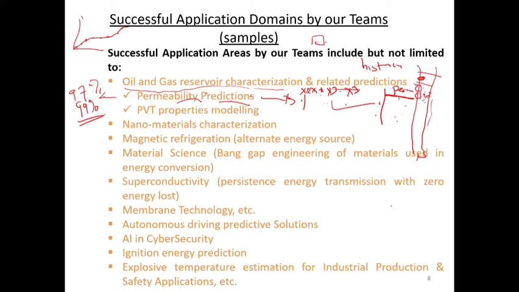After that, we also have what we call the PVT property modeling, also for oil and gas, where there's also a need for such a prediction. We started with very small accuracy, and little by little, with more effort, which we are going to explain later, some of the gimmicks. Because when you start prediction, we want very high accuracy for them to be able to rely on the predictive solution.